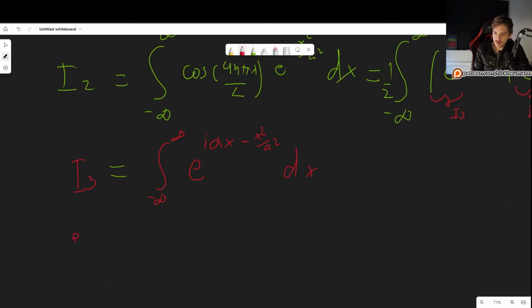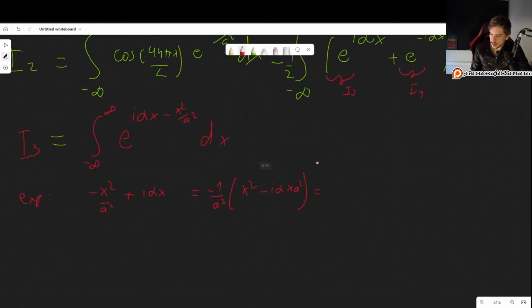So let's write the exponent as minus, basically with this term first, so plus i alpha x. Now let's factor out everything that is connected to the x squared. So minus 1 over a squared, x squared minus i alpha a squared x. Now if we want to complete the square, I'm going to do it step by step here.